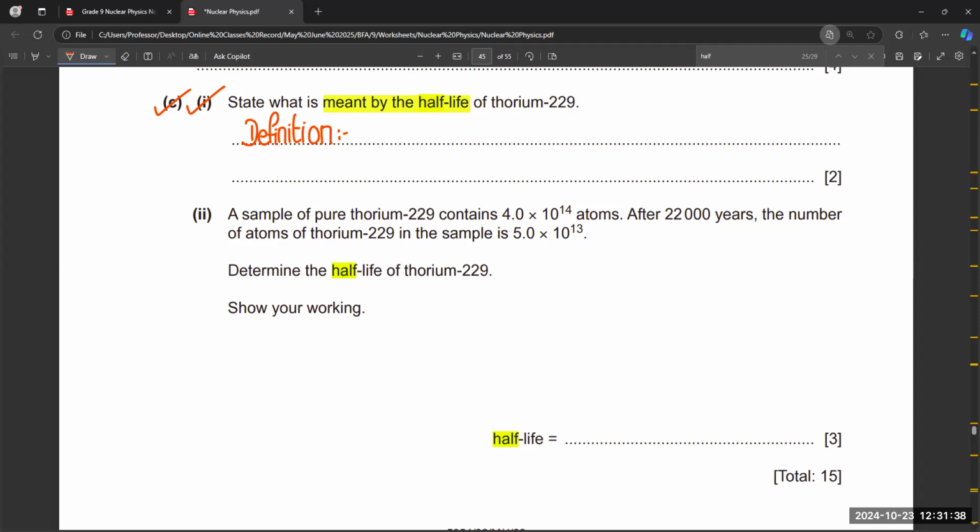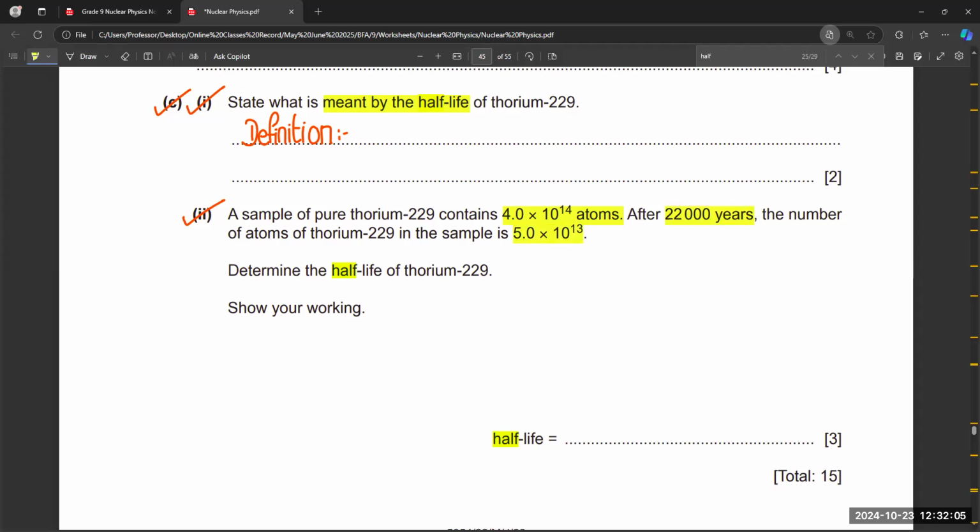Next part is a sample of pure thorium-229 contains 4 exponent 14 atoms. So this is the number of atoms given in the sample of thorium-229. Then after 22,000 years, the number of atoms in the sample is 5 exponent 13.